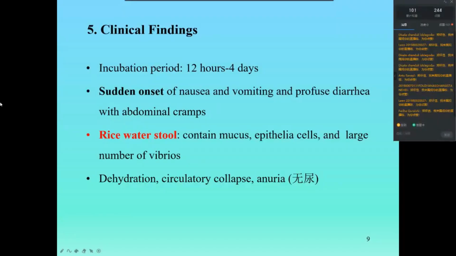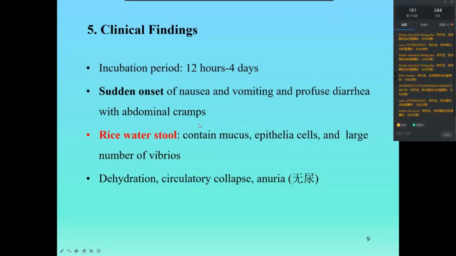Another property is that the diarrhea it causes looks like rice water stool. If you analyze the diarrhea, it contains a lot of material. Not only a large number of Vibrio, it also contains the intestinal mucus, which means that it damages the mucus, and also peeled off epithelial cells.